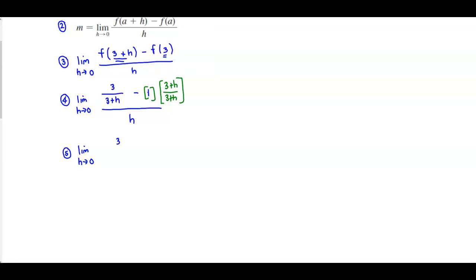So we get 3 minus 3 plus h over 3 plus h, divided by h. Now if we distribute this sign, we get 3 minus 3, which is 0, and then minus h, so we have minus h over 3 plus h in the numerator, and then we divide that by h.